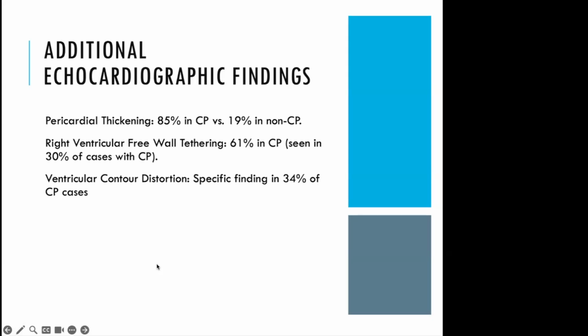The concept of right ventricular free wall tethering is also seen in 61% of cases of constrictive pericarditis, and ventricular contour distortion, again related to how constrained the cardiac chambers are within the thickened pericardium. This is a specific finding, but only seen in 34% of cases with constrictive pericarditis.